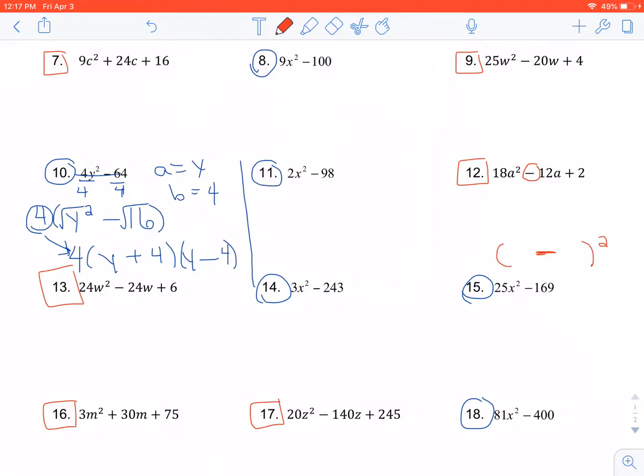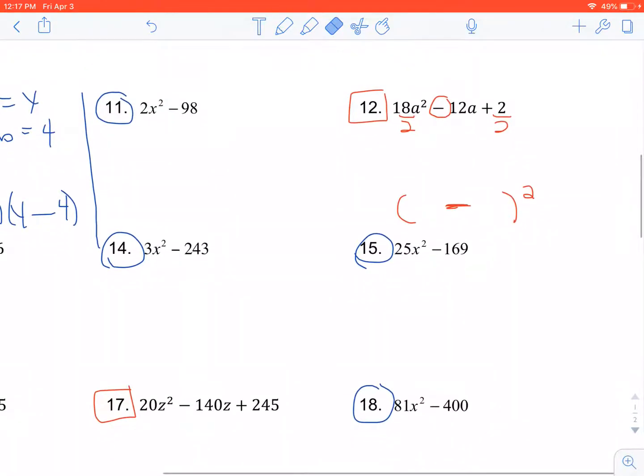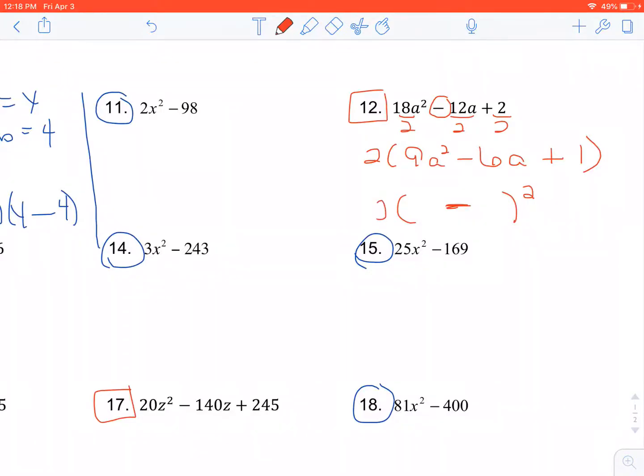Well, 18, 12, and 2, they're all divisible by 2, so we're going to take out a 2. 18 divided by 2 is 9. 12 divided by 2 is 6. 2 divided by 2 is 1. So I'm placing the GCF in front, bringing that down so that it's with my pattern.